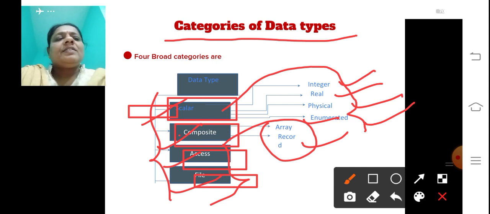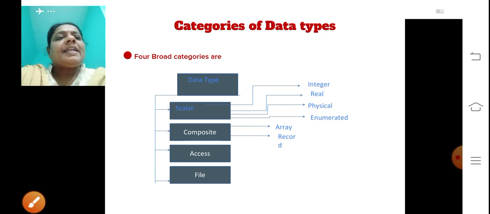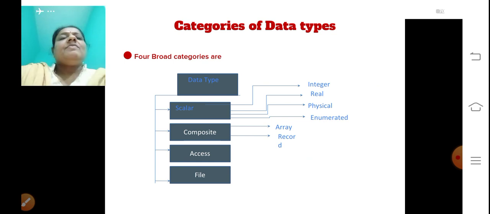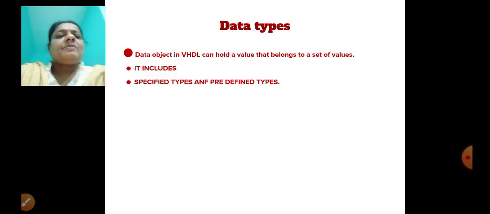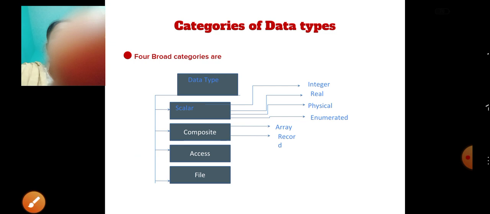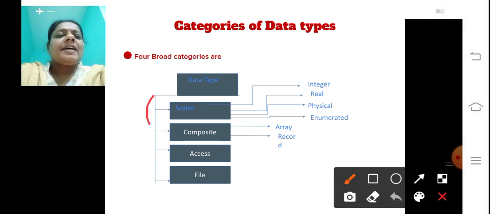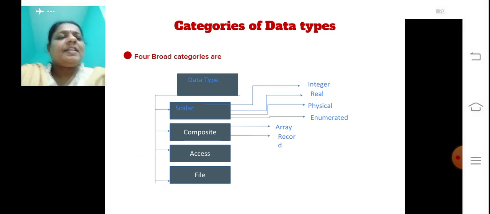This is about the categories of the data type. In the VHDL we have predefined data types, and the four broad categories are scalar, composite, access and file.